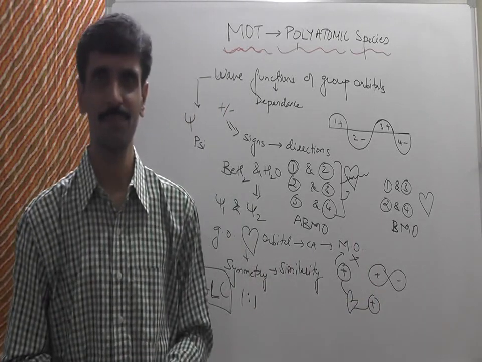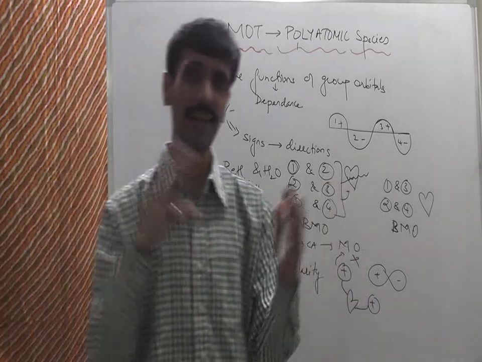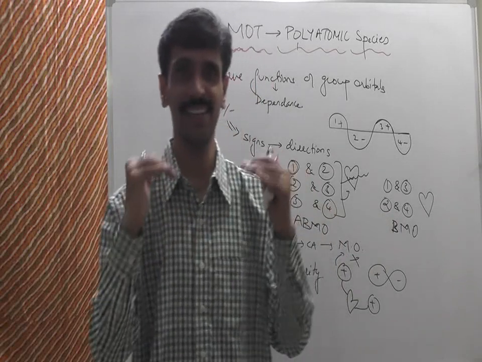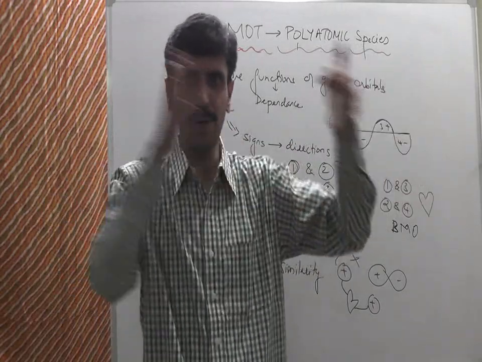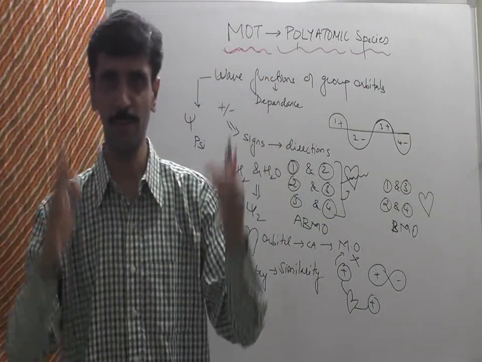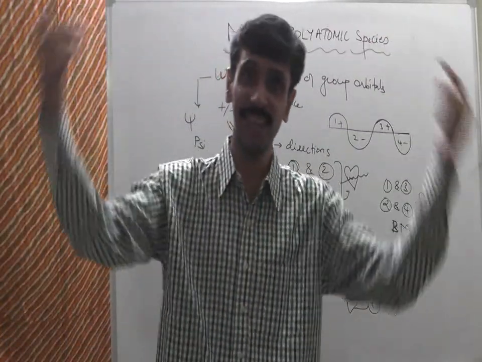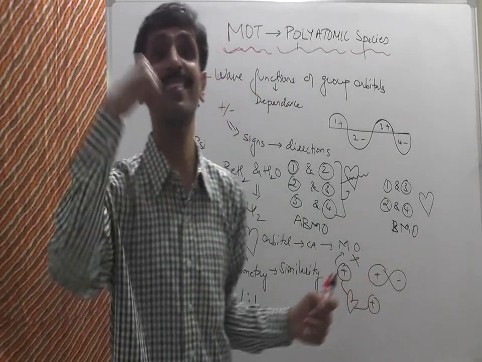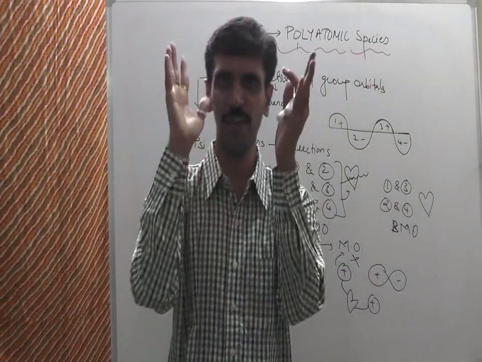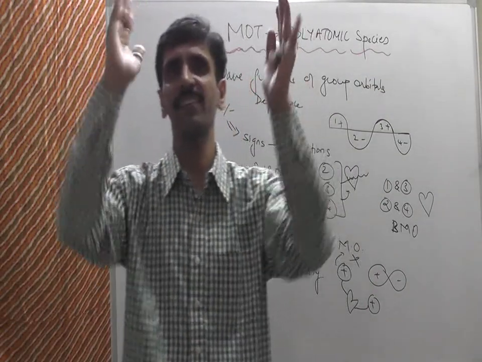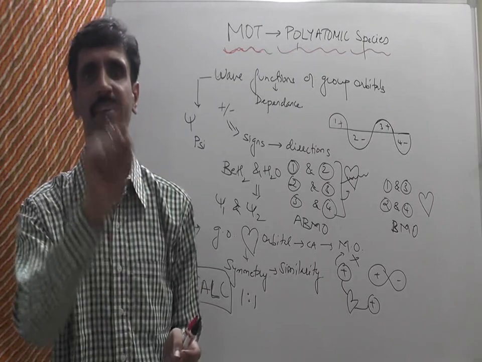Molecular orbital. Alright? But then, ये जो combination है, okay, that has a condition, and that is there has to be a similarity. Okay, group orbital and the molecular orbital, there is to be similarity with respect to the shape of the orbital, with respect to the type of the orbital, and with respect to the sign of the orbital. Okay, and that's why the entire combination is based on what? Symmetry. Is based on what? Similarity. So symmetry adapted.